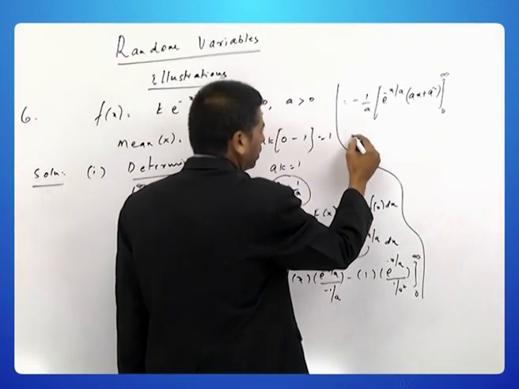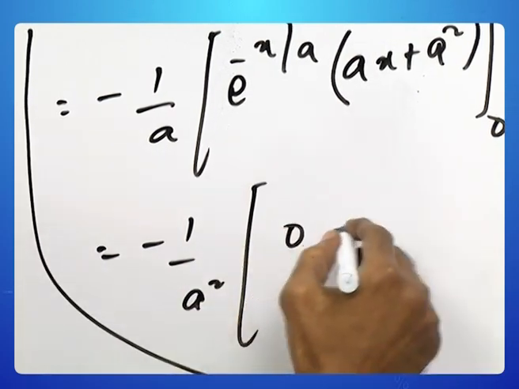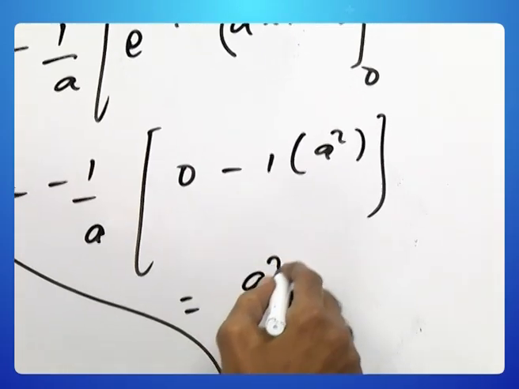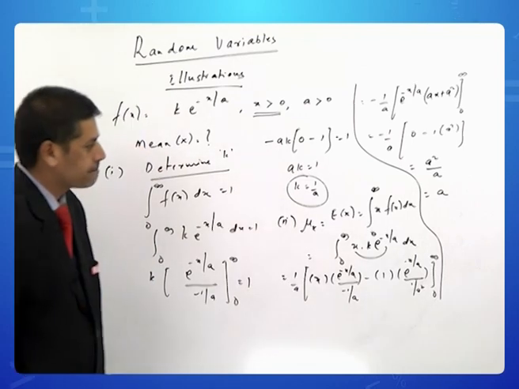So when you apply the upper limit, you will get a 0; minus 1 into a squared, you will get a squared by a, which is equal to a. So this is the mean.